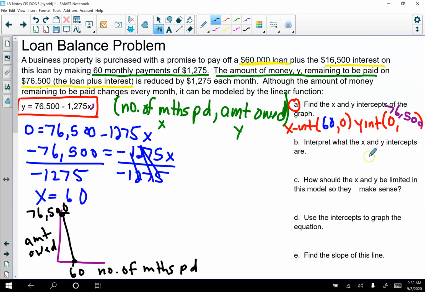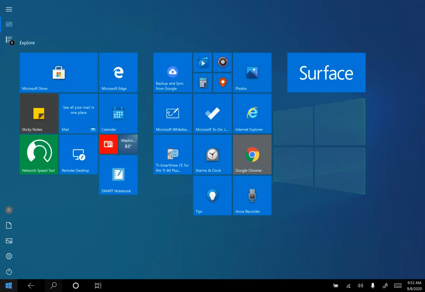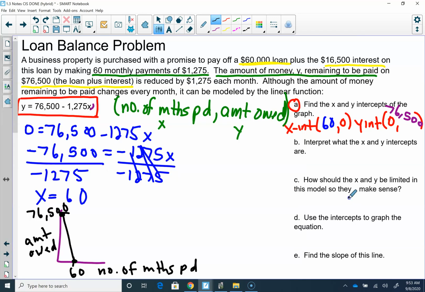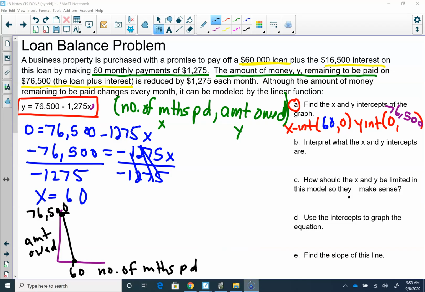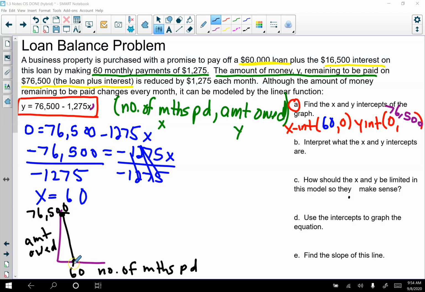So what does it mean? What does the x-intercept mean? What does the 60 mean here? Well, wouldn't the 60 mean the number of months to pay, the number of months you have to pay your loan back? The 60 right here, which is the x-intercept, means that you would have $0 at 60 months that you paid.